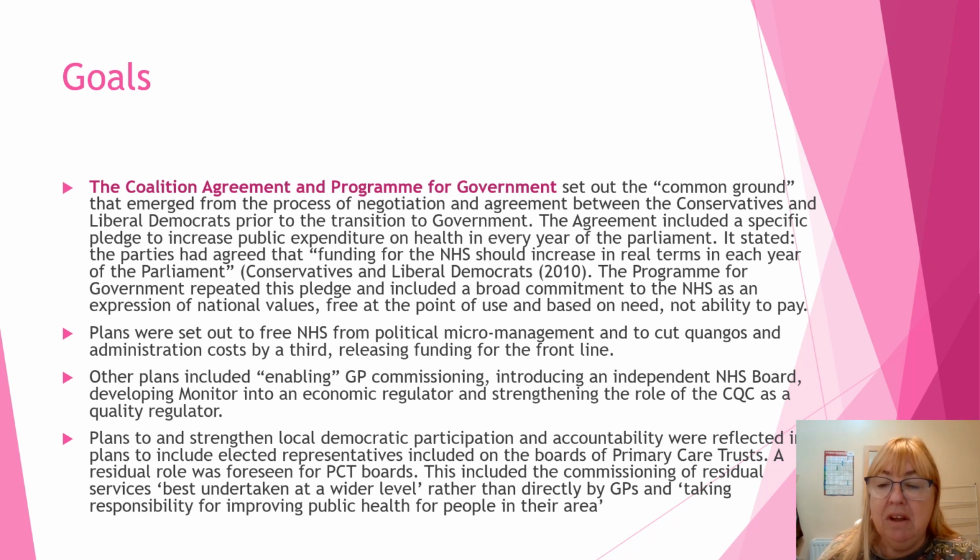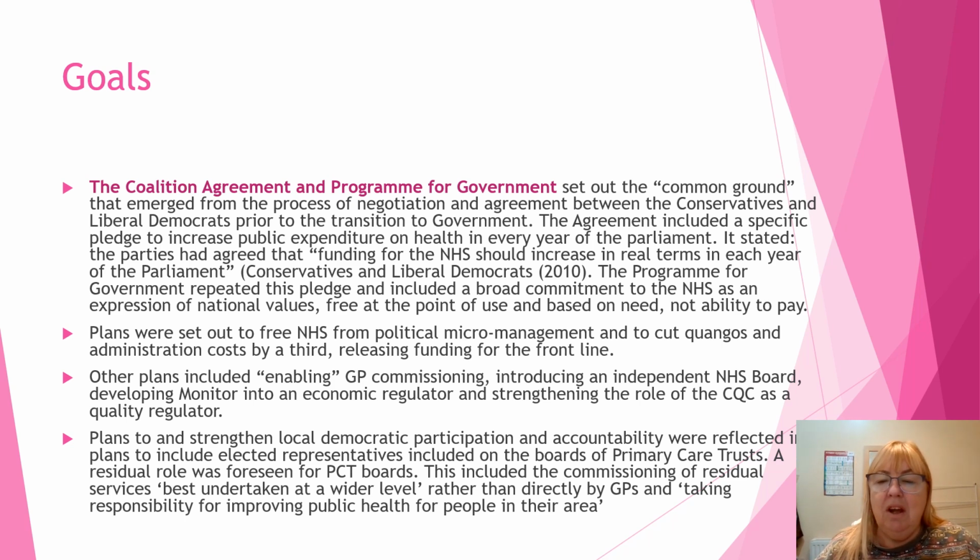The other areas that they took as part of their program was to free the NHS from political micromanagement. So remove the power of the Secretary of State and the ministry in central government, and devolve a lot more power out to the localities, to the hospital trusts and to the health authorities in different areas.